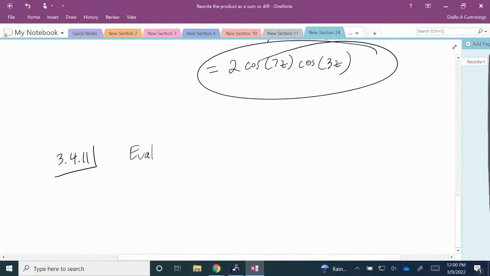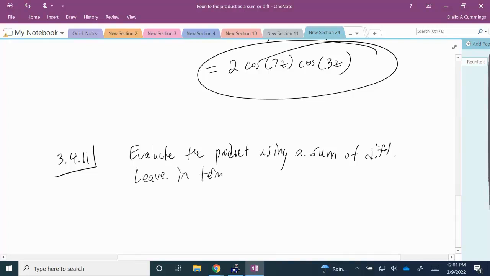We're asked to evaluate the product using a sum or difference, and it says to leave in terms of sine and cosine.